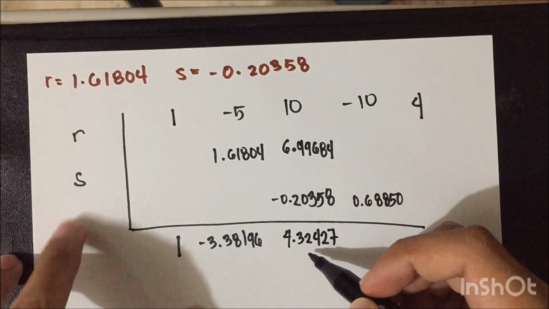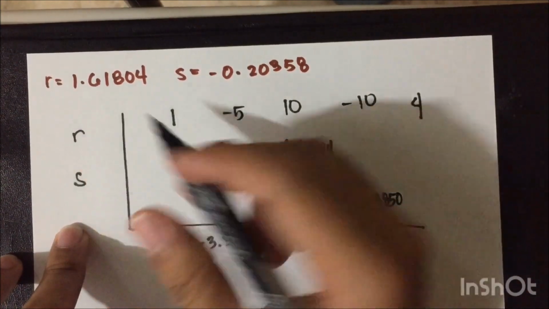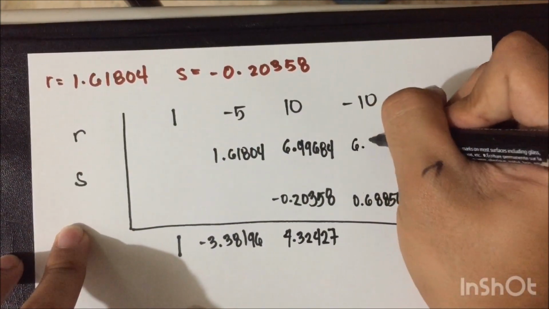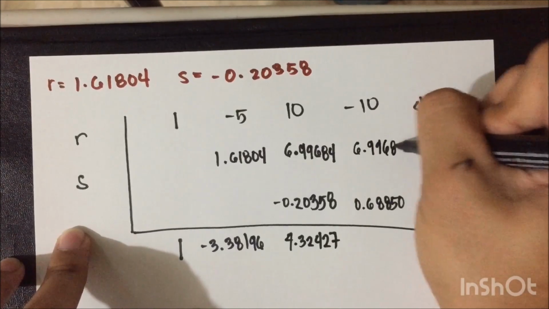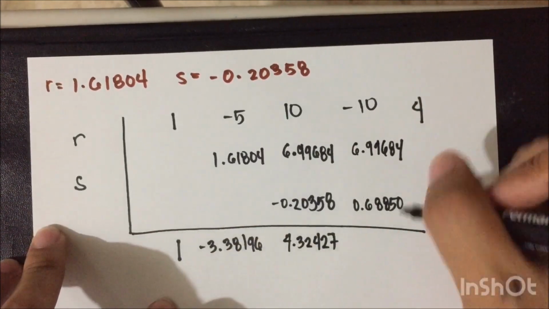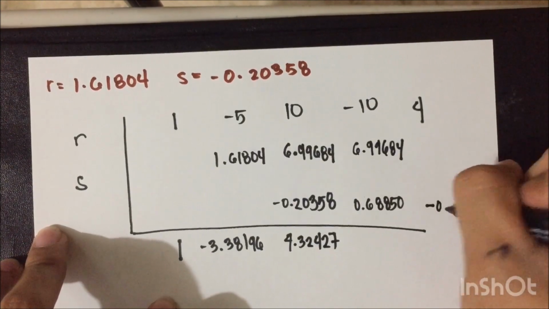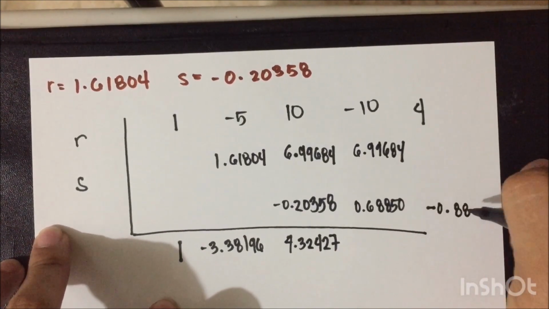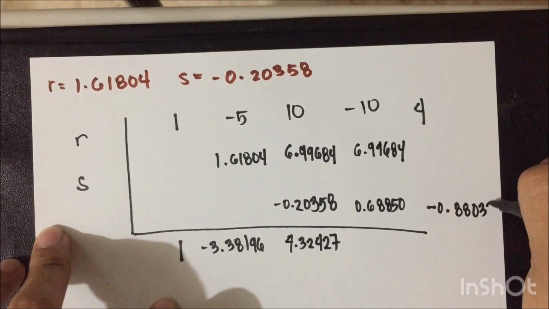The sum neto is 4.32427 times the value of R, which is 6.99684, times the value of S, we have negative 0.88033.